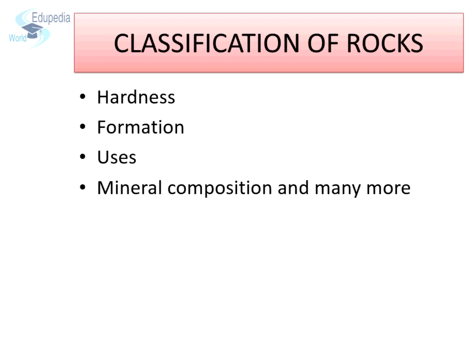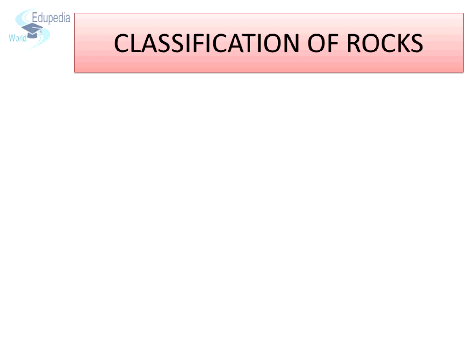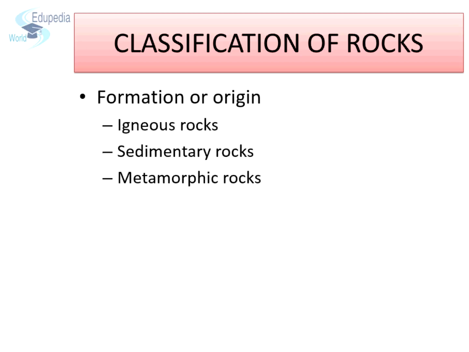The most basic classification of rocks is done on the basis of their formation. On the basis of their formation or origin, the rocks can be classified into three categories: igneous rocks, sedimentary rocks, and metamorphic rocks.